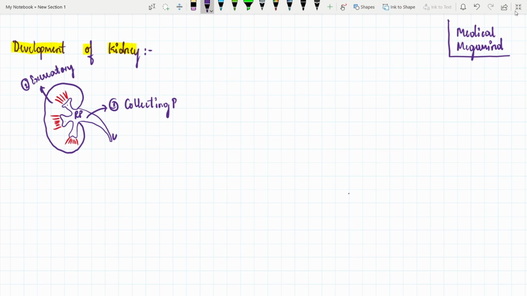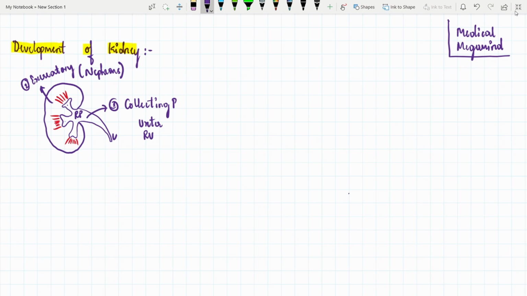Okay, the collecting part is the ureter and renal pelvis and subsequent major and minor calyces and collecting ducts and collecting tubules, right? And the excretory part consists of nephrons, the functional and structural unit of the kidney, right? Okay, I will discuss the development of these two separately.